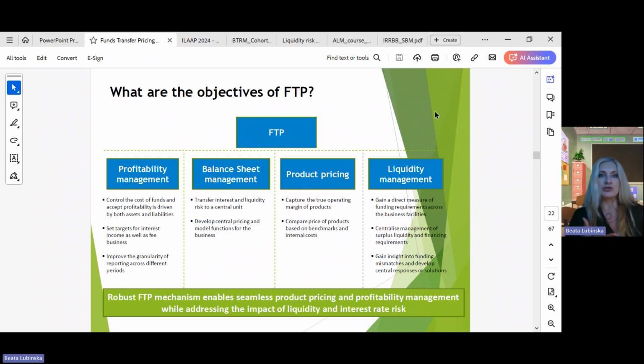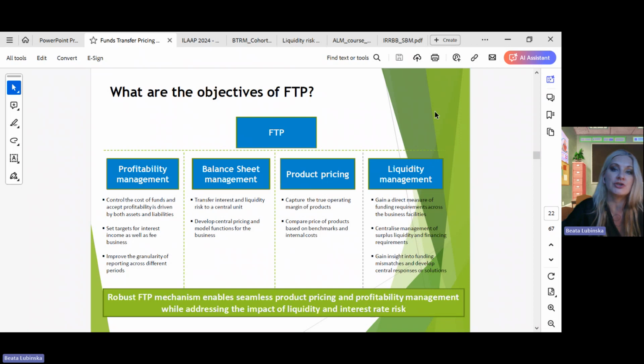If you have a higher FTP for assets, of course, if you want to maintain your competitiveness in comparison to other products, then you have less margin, because FTP is consuming a lot of the product price and you have to pay the FTP. FTP on the assets is paid to the central unit. Therefore, you are left with less margin.